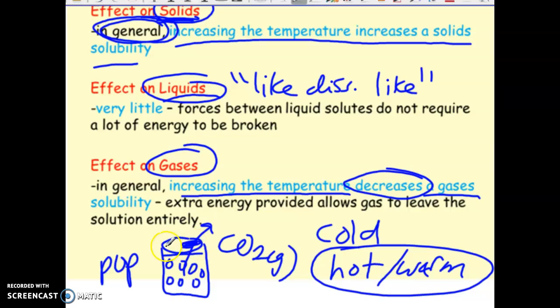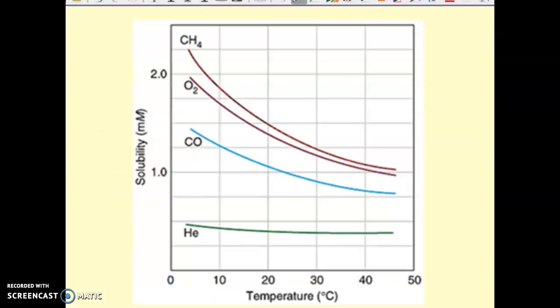Obviously if this is sealed, that's not what we're talking about here. We're talking about if there's an option for them to leave, hot water will actually hold the gas less than cold water. So this is a gas solubility curve, just to show you the trend that as you increase in temperature, the solubility of gases will actually decrease in general.